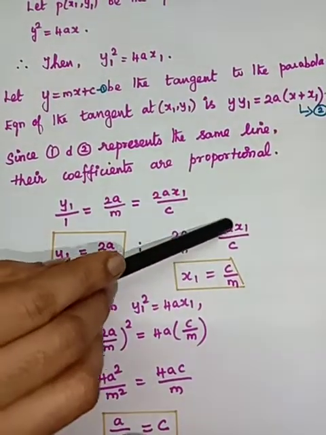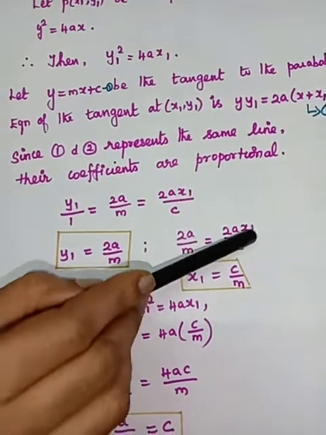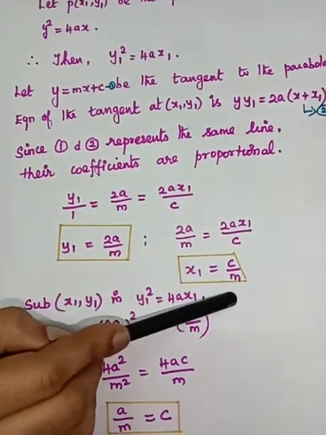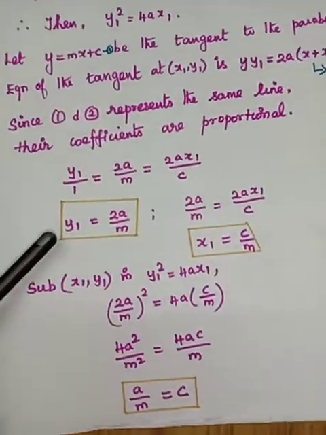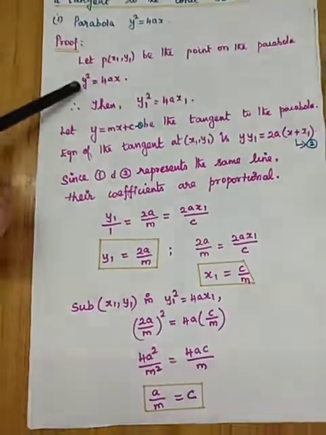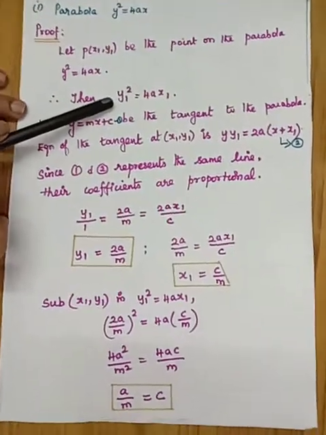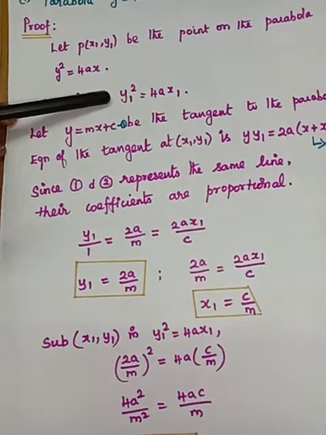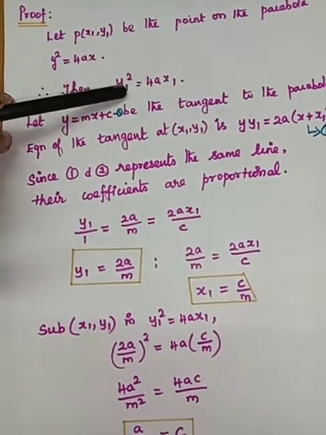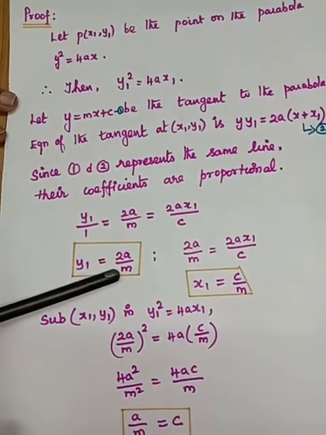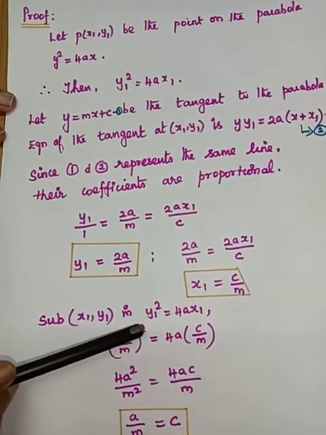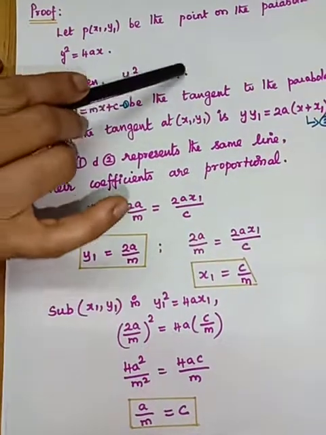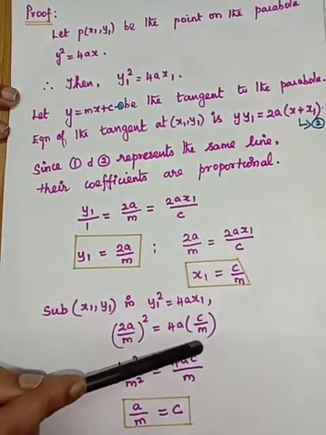So 2a gets cancelled, and x1 is equal to c by m, as c comes to the numerator. Since (x1, y1) is a point on this parabola, this point has to be substituted in the equation. In the place of y1 you write 2a by m, so (2a/m)² equals 4a into, in the place of x1, c by m.